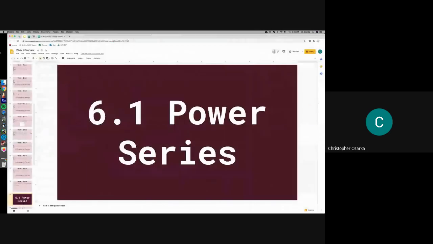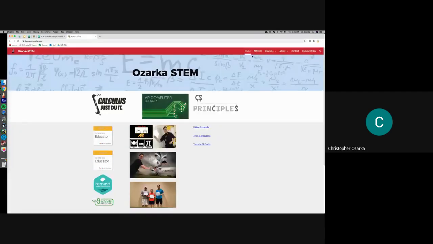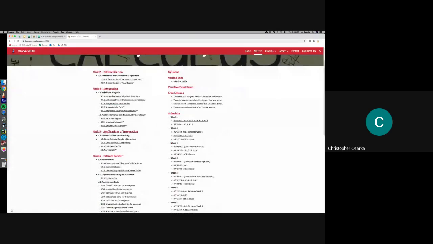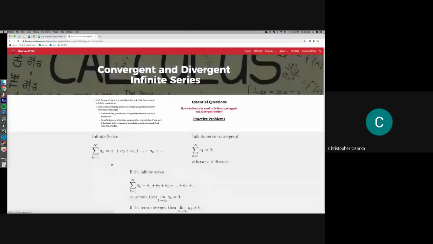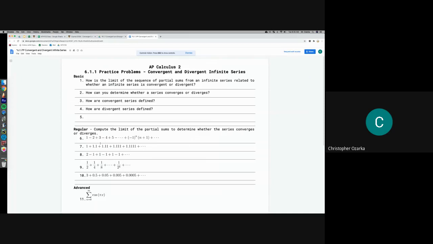If you look at the website for 611, you'll notice that the problems are very easy because this is an older topic. The main thing for 611, again, is that definition of what is convergence and what is divergence. There are not that many problems, and it basically goes over the stuff that we went over.